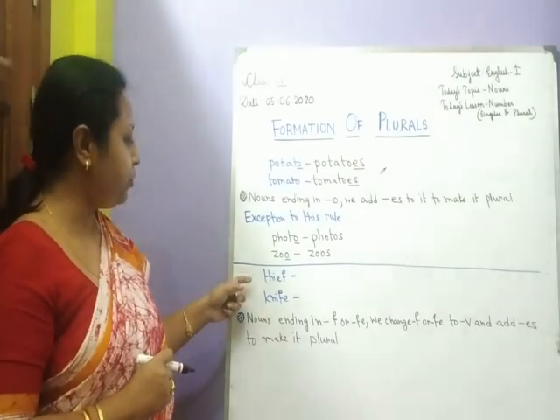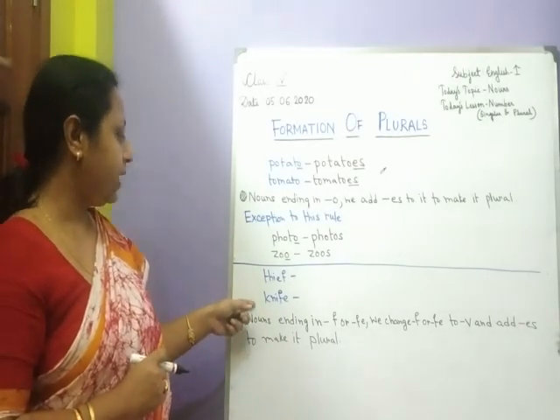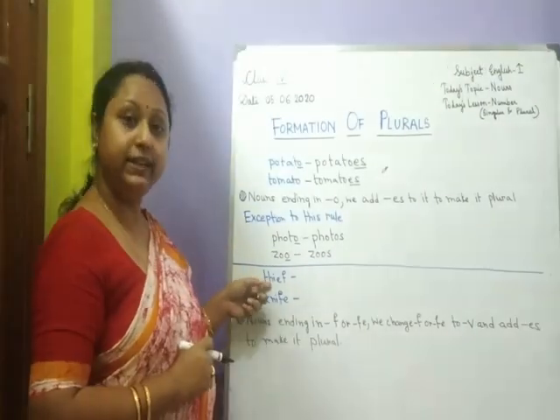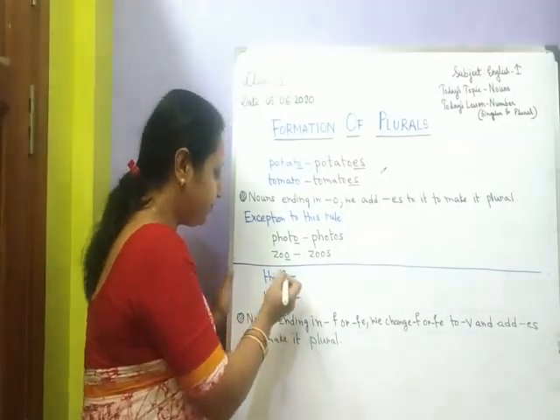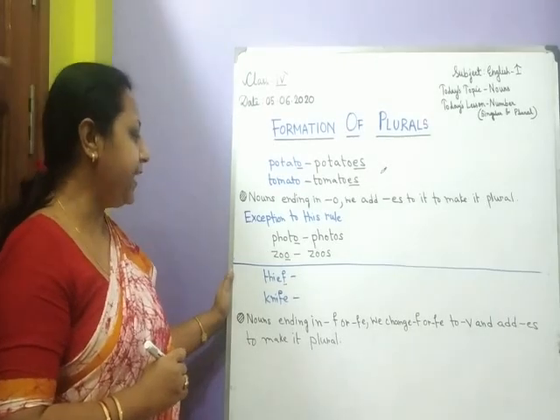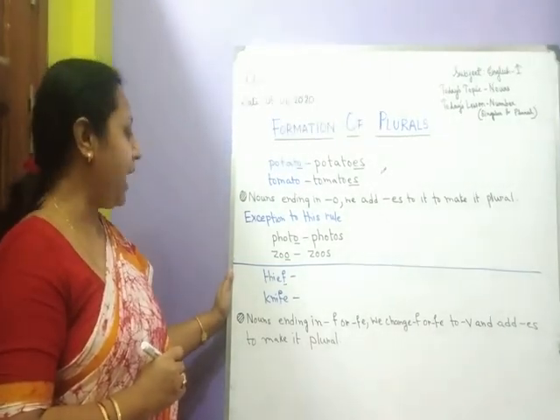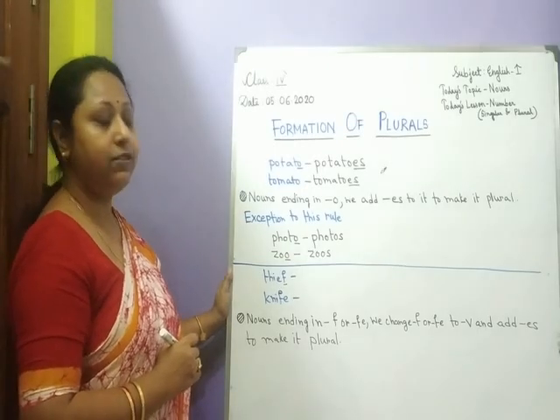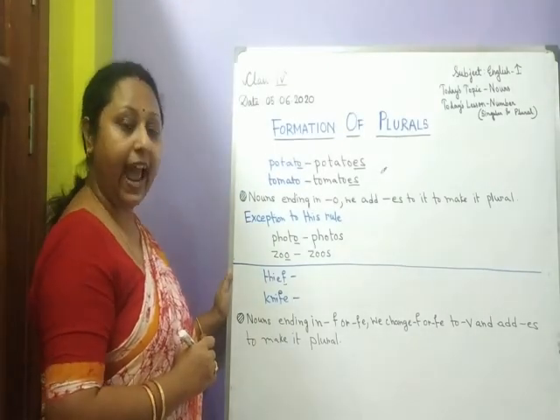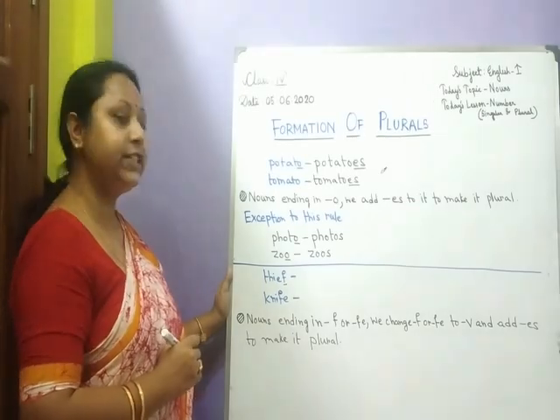Now let us come to these nouns. Here the word thief is ending with the letter F. So, to make it plural, here we will have to drop the letter F and write V and then add es to it to make it plural.